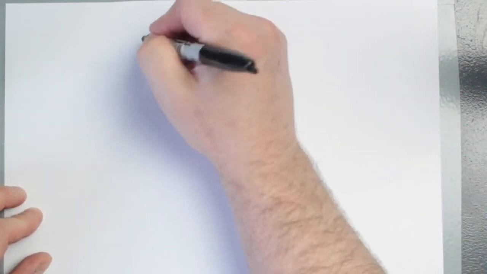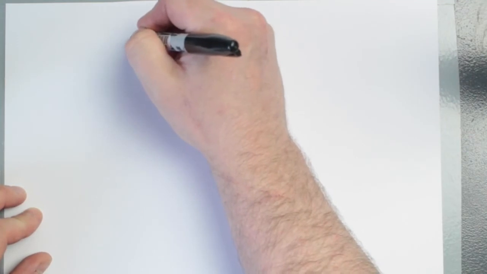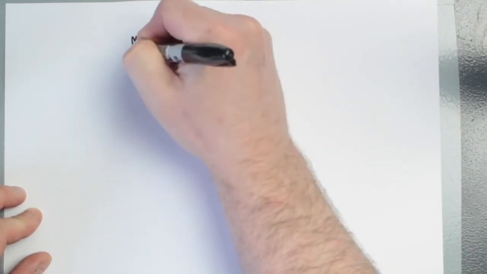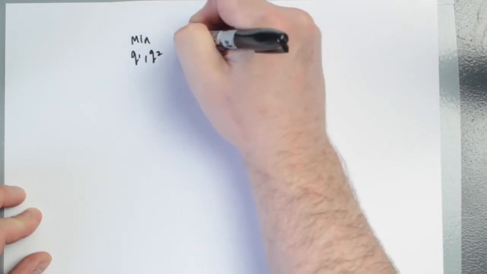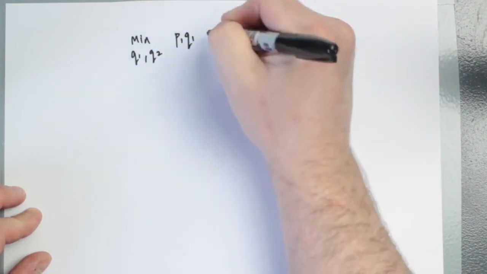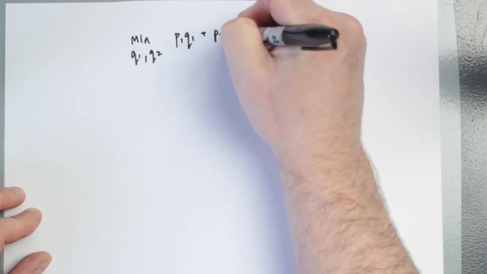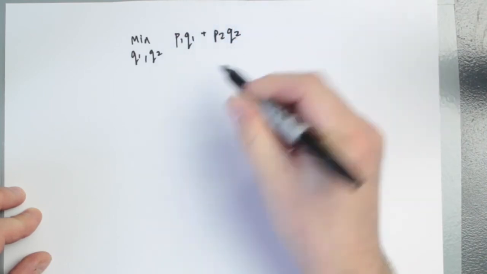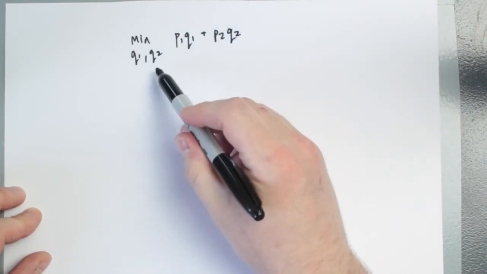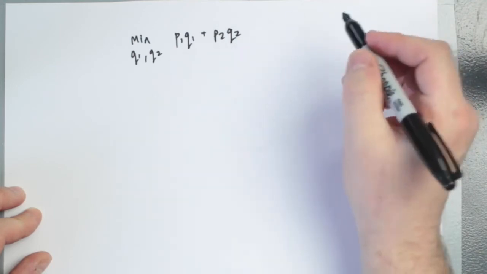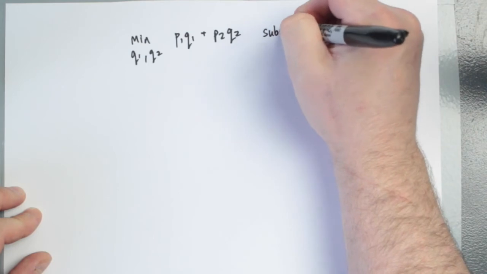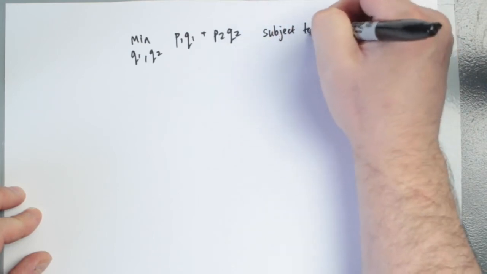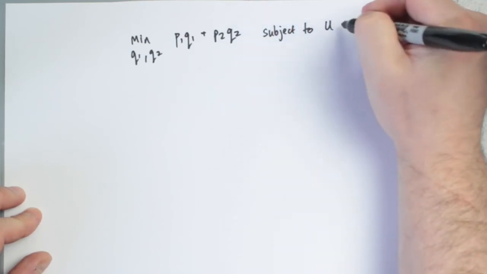So let's recall the expenditure minimization problem, which is to minimize, by choosing Q1 and Q2, the expenditure P1 times Q1 plus P2 times Q2. So minimize by choosing these amounts the expenditure required, subject to achieving a target level of utility.